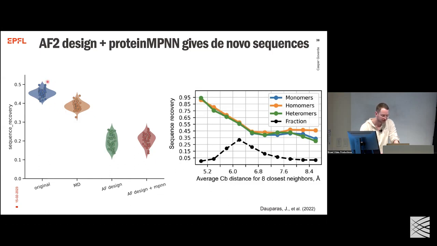From the original crystal, it's around 45%, and when we move to the MD simulation, it's still around 40%. But when we apply the AlphaFold design pipeline and also MPNN afterwards, you see that the sequence recovery is way lower, which basically means this pipeline is redesigning the core as well. And I think that's where the power of this pipeline comes from, where we're also really exploring the unnatural protein sequence space.